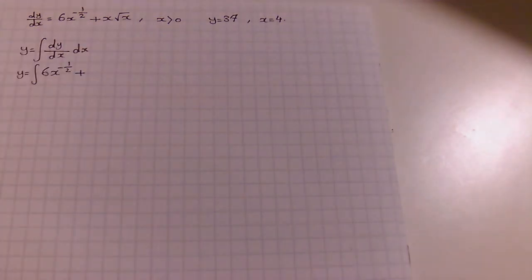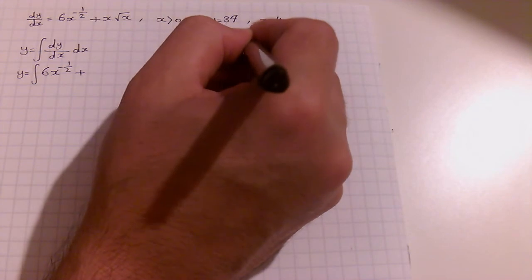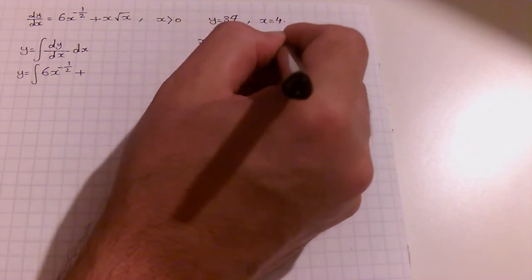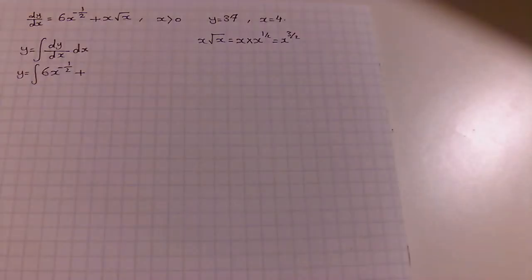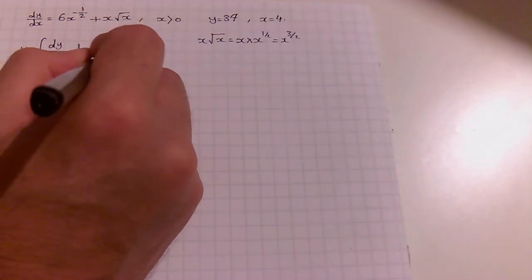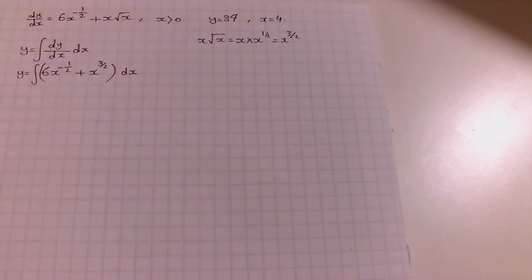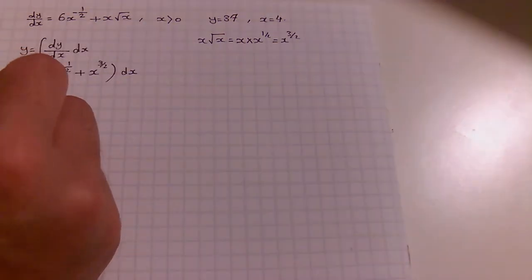In fact, the differentiated form of the equation is given and we are required to work out the original equation itself. To do that, all we need to do is integrate the given dy over dx with respect to x.